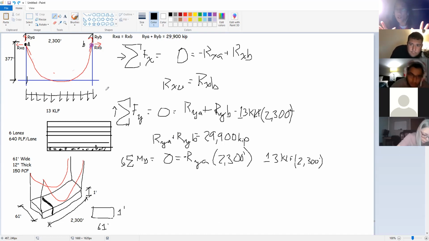So you take the average area that the force is taking. Let's say you have a Lego with a consistent kips per linear foot. Let's say each of these bricks is 1 linear foot. 1, 2, 3, 4.